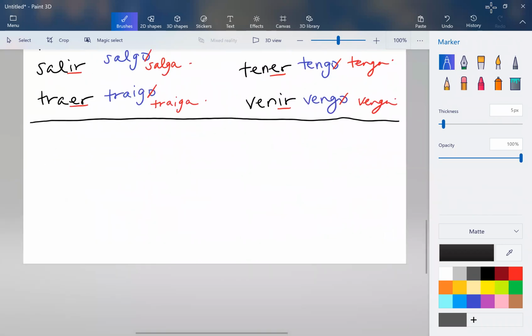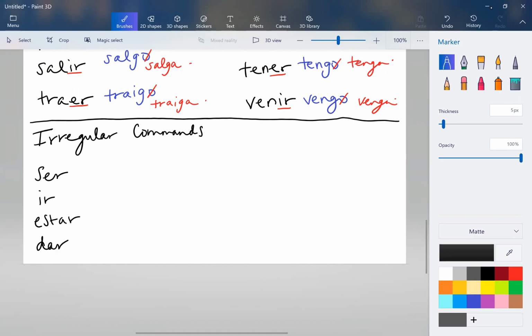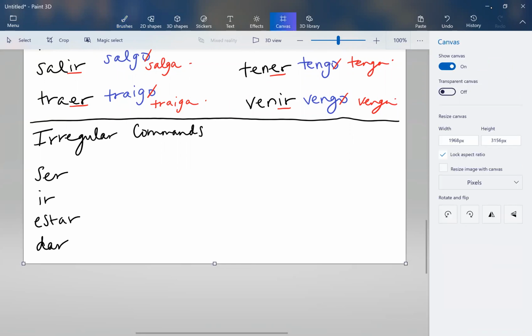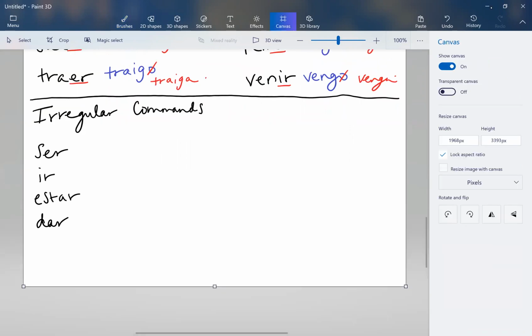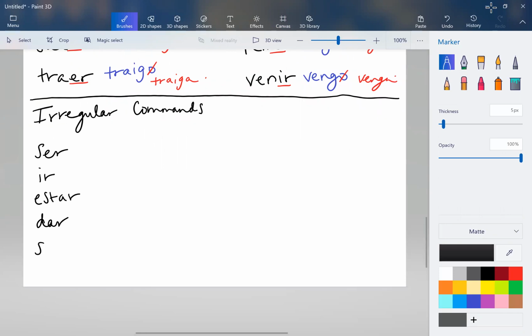Well, these are the 5 verbs that have irregular formal commands.